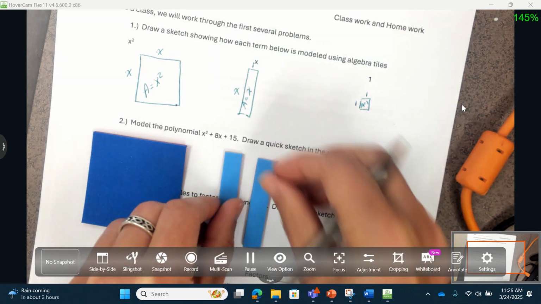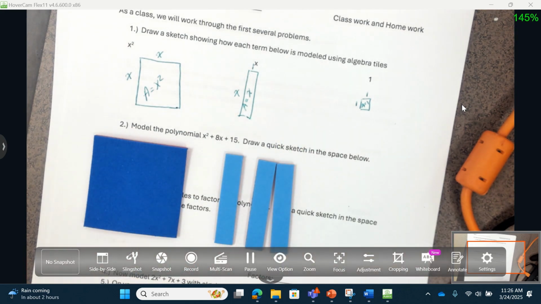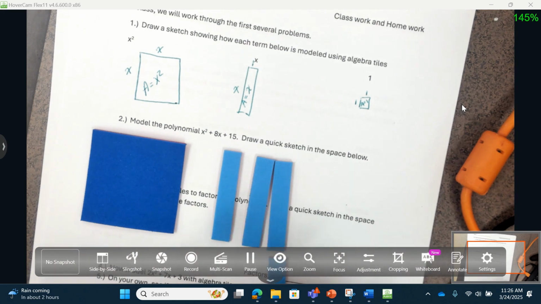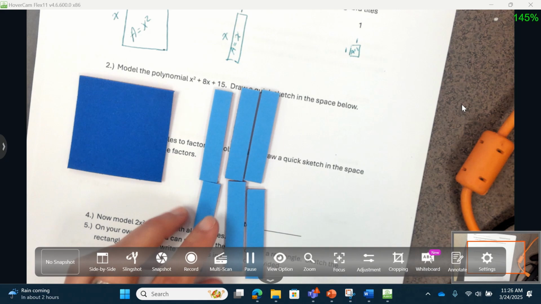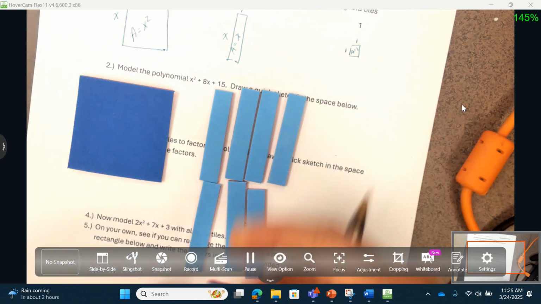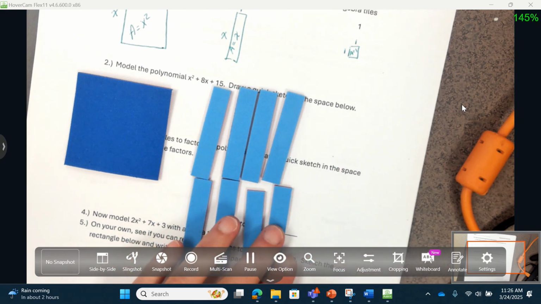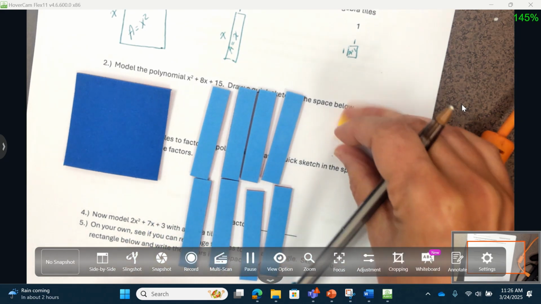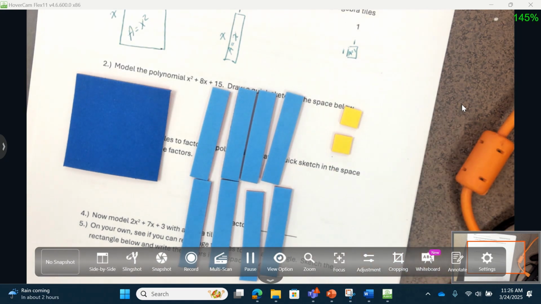So we'll go and collect 8 of these x's. I'll slide my sheet up a little bit so you can see them. Okay, there's my 8 x's, and then 15 of the little squares. So we'll go and find 15 of these.